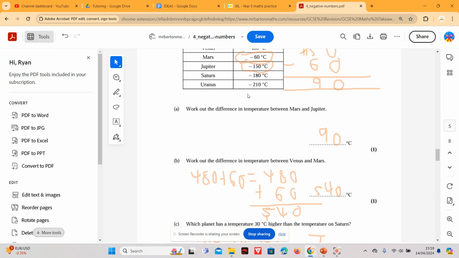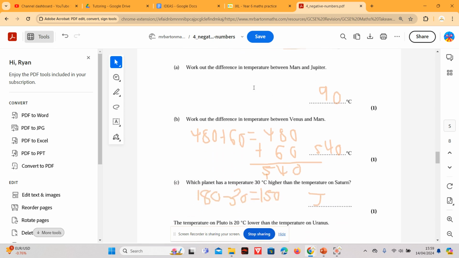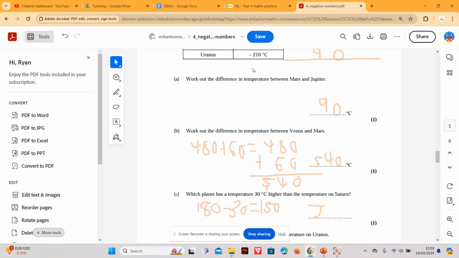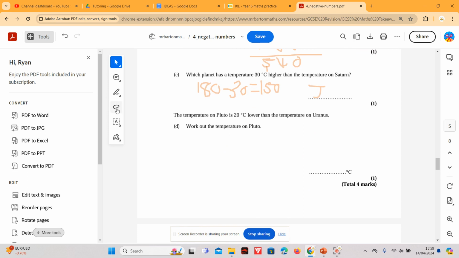We can do minus 210 plus 20. We can forget the minuses there. We can do 210 plus 20, and that equals 230. Don't forget the minus. So we put minus 230.